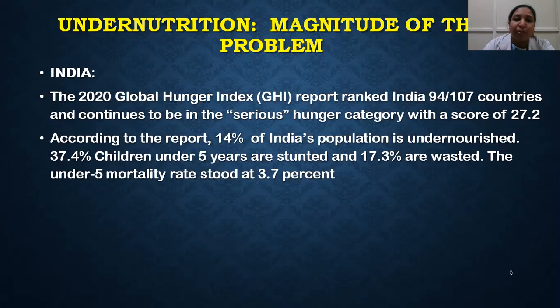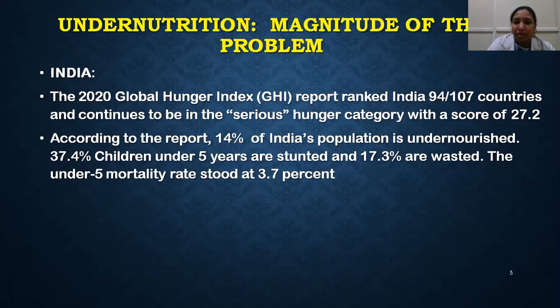In that report, it is given that 14% of India's population is undernourished, and among children under 5 years, 37.4% are stunted and 17.3% are wasted. I'll talk in detail about what is stunting and wasting.